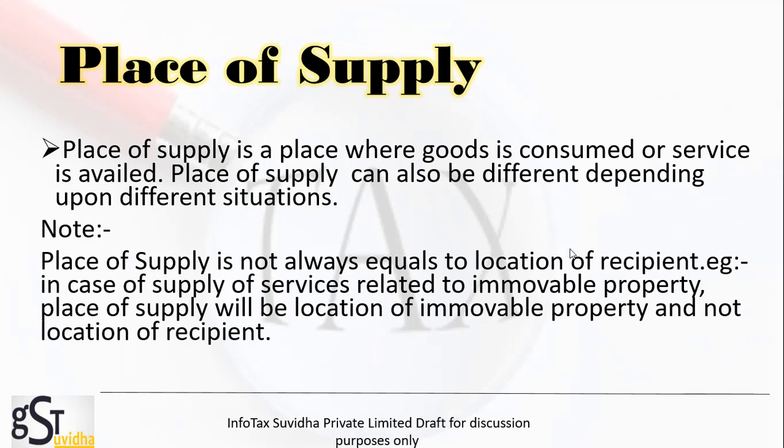For example, in case of supply of services related to immovable property, place of supply will be location of immovable property and not location of recipient. So the location of recipient may be in Delhi, but it is taking service related to its immovable property which is in Mumbai. So the place of supply will be Mumbai.